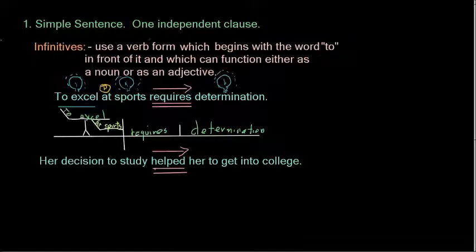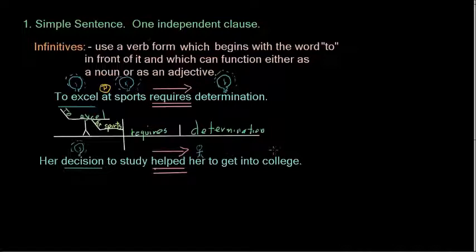Okay, now what or who helped? Well, it sounds like decision helped. So decision, again a concept. There's our little light bulb here. And we have another noun here, her, person. Oh, looks like we have another infinitive here.